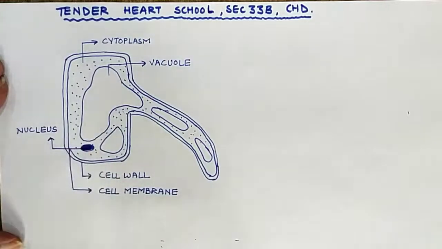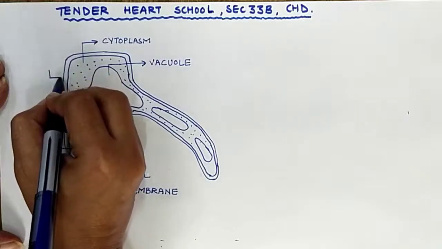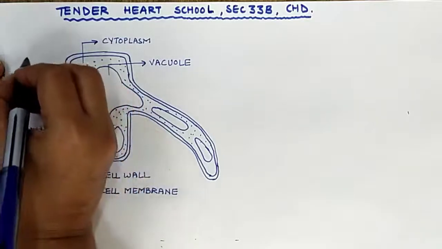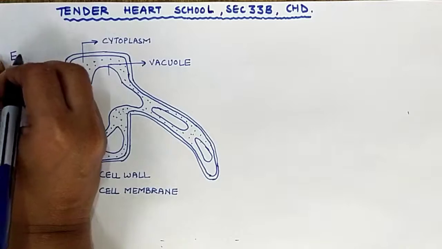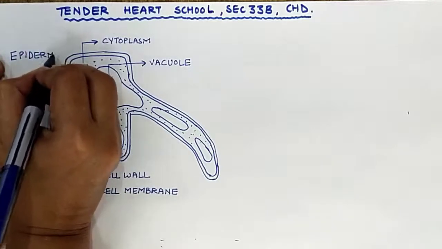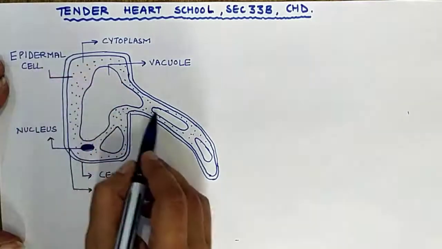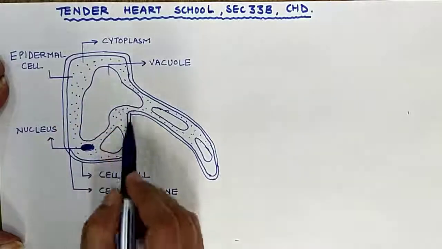Nucleus, right? So what I have drawn is the epidermal cell, the cell of the epidermis. And this root hair is an outgrowth of the epidermal cell.